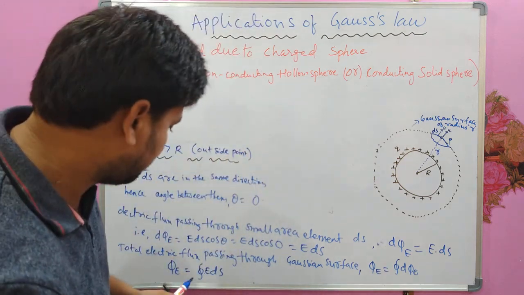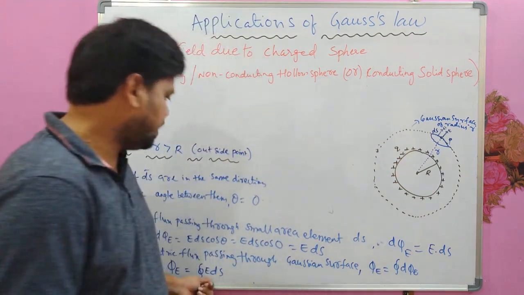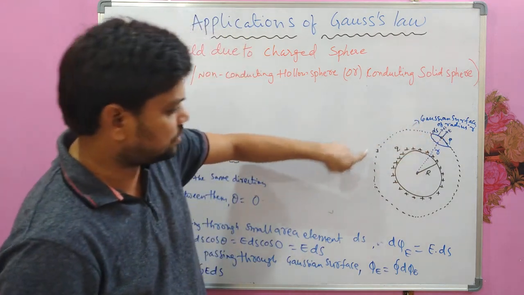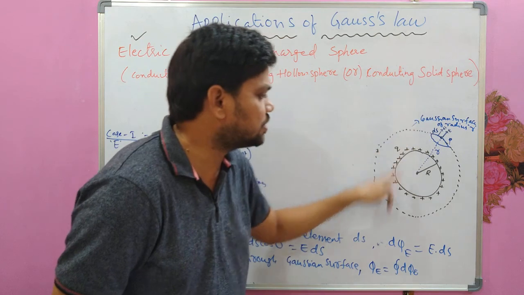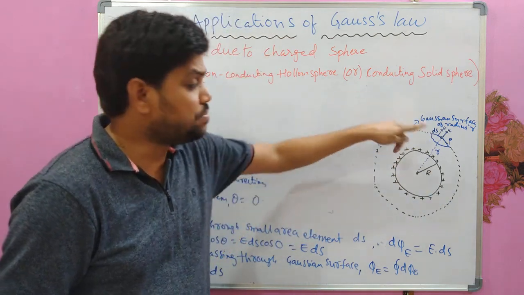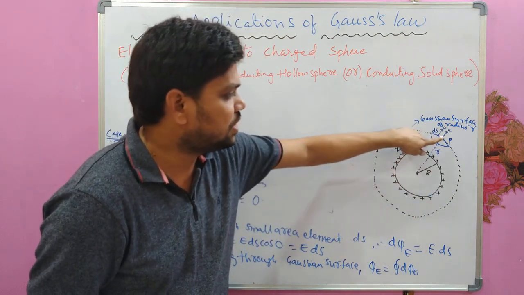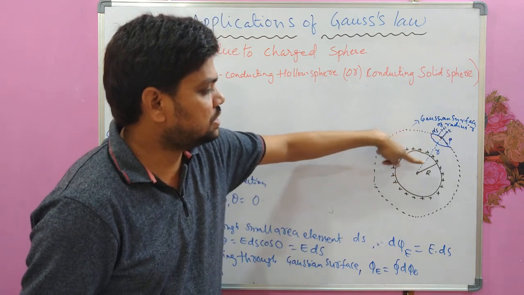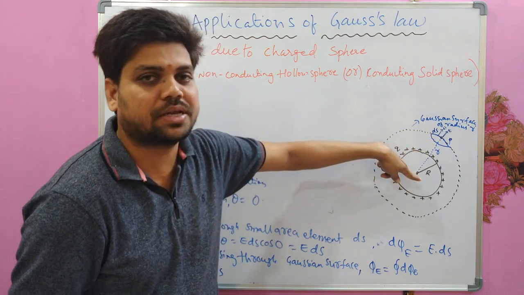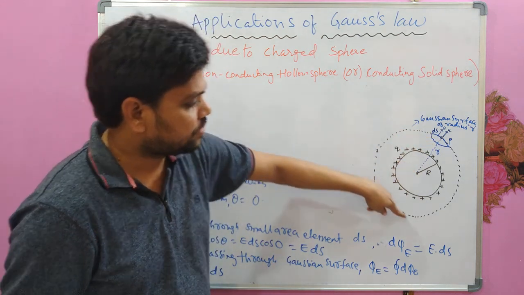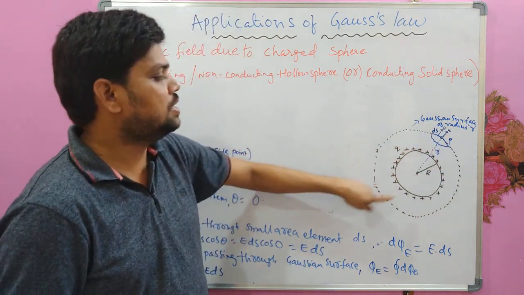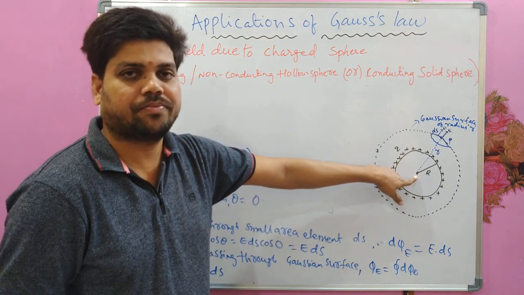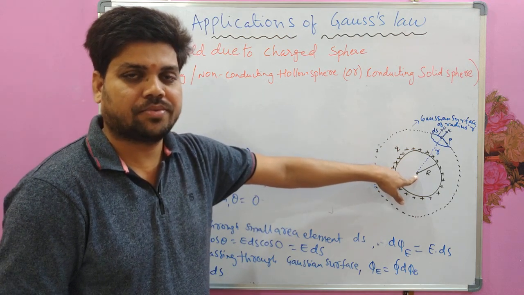Now, what is E here? E is the electric field on the Gaussian surface, and it remains constant everywhere because the Gaussian surface is equidistant from the center of the original sphere at every point.